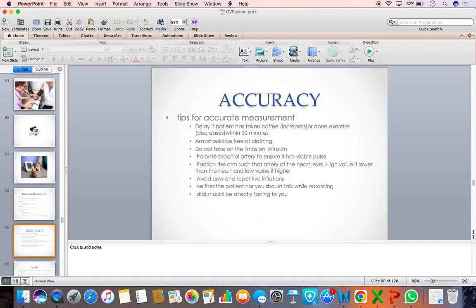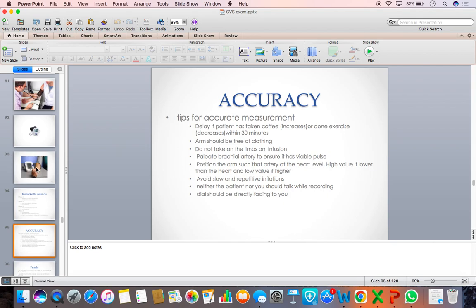Then you have to follow certain tips to have an accurate measurement. So what are the tips you are supposed to observe? Delay if the patient has taken coffee. You ask the patient whether he has taken coffee within 30 minutes of time, or he has done exercise, he is coming from the gym.